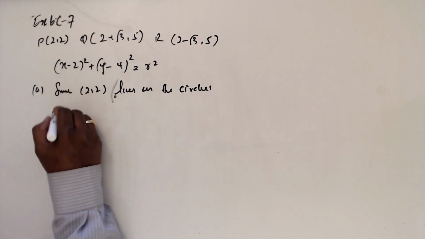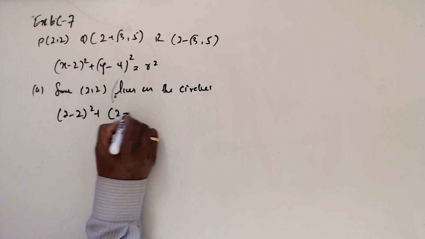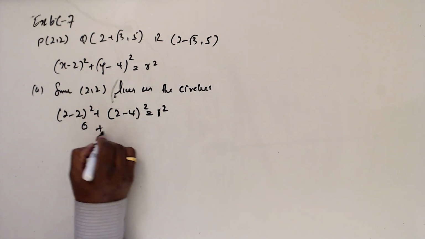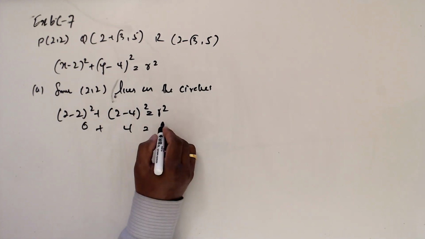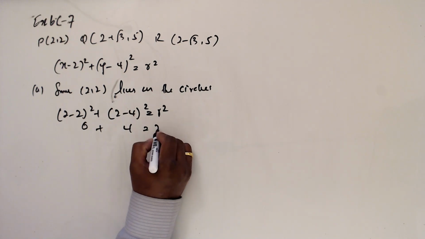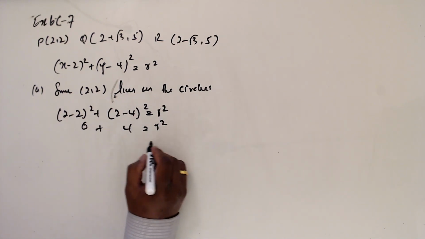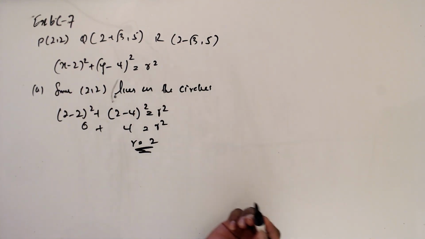We'll substitute this one. 2 minus 2 square plus 2 minus 4 square equal r square. So this becomes 0 plus 4, so r square is 4. We need to find r. So the r value is square root 4, which is 2.